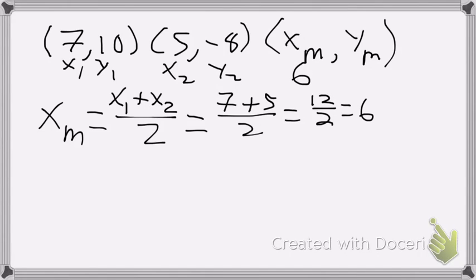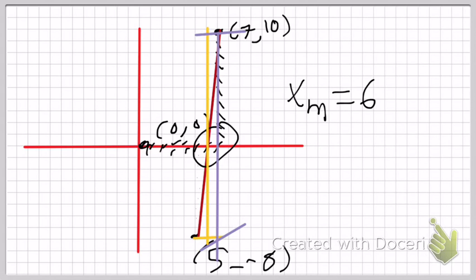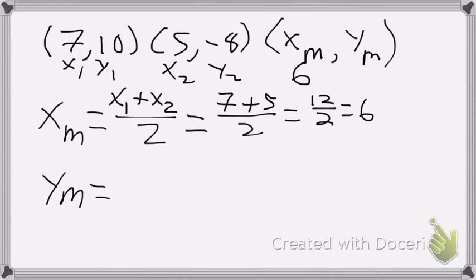So when we go over here, we go ym, our midpoint y, okay? So again, back over here, we know that our first point, 5, negative 8, and our second point, 7, 10, both are ordered pairs. So therefore it makes sense that our midpoint is also going to be an ordered pair.